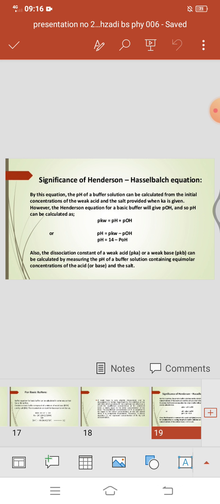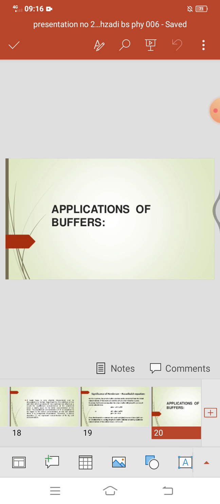If we find the pH, then pH is equal to pKw minus pOH. If pKw is 14, then pH is equal to 14 minus pOH. Also, the dissociation constant of a weak acid or a weak base can be calculated by measuring the pH of a buffer solution containing equimolar concentrations of the acid or base and the salt.